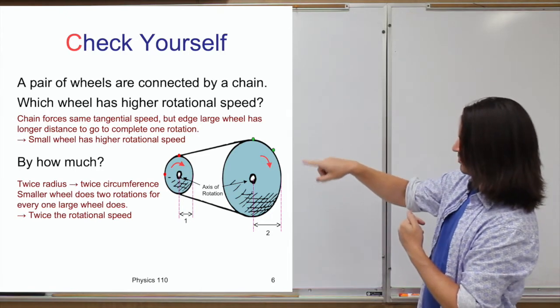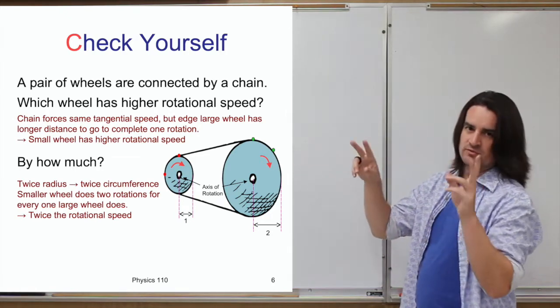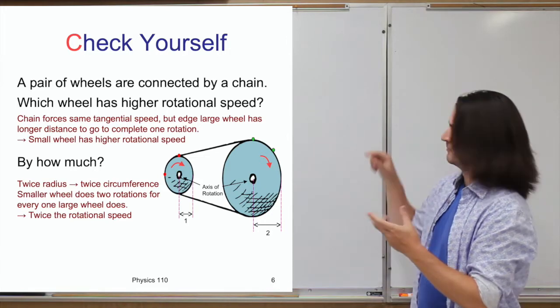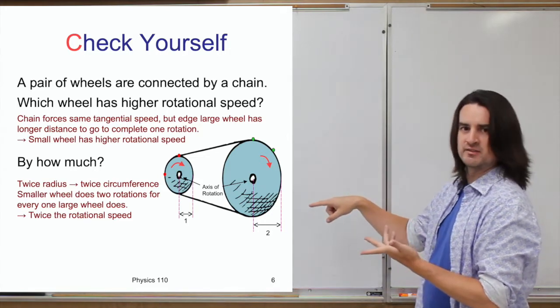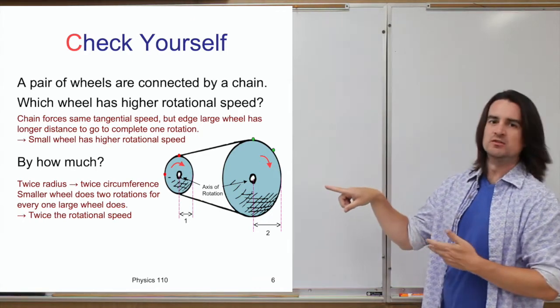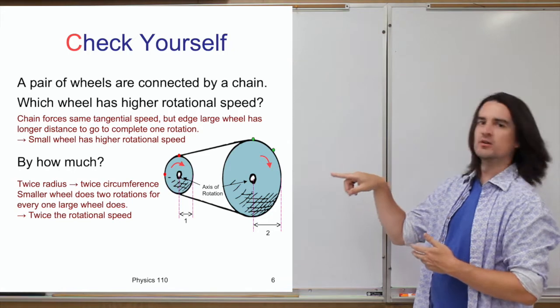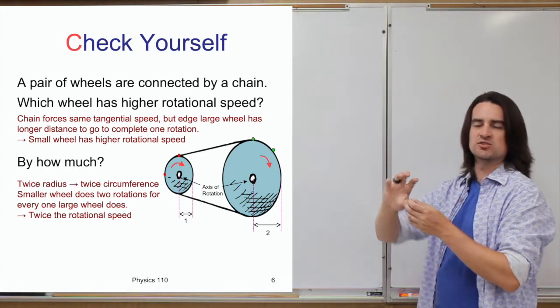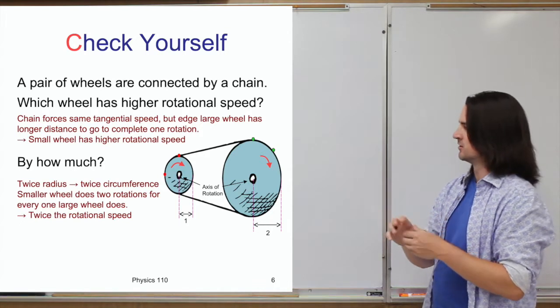So two or three more of those steps later, the small wheel will have made a rotation, whereas the big wheel will have only gone halfway. So that's telling you that the small wheel is going to do more revolutions in a second, or it's going to rotate around its axis quicker.